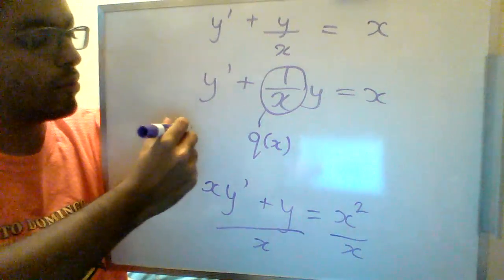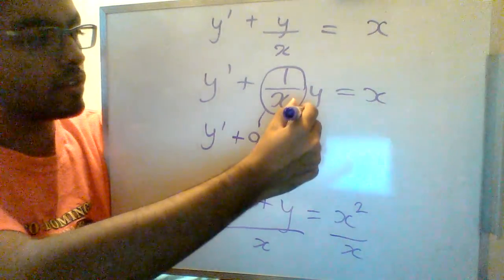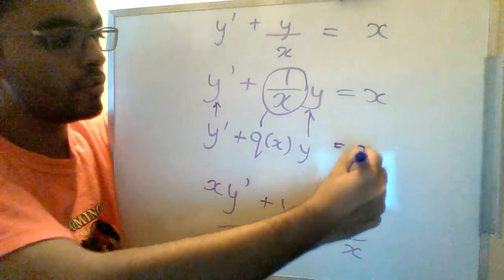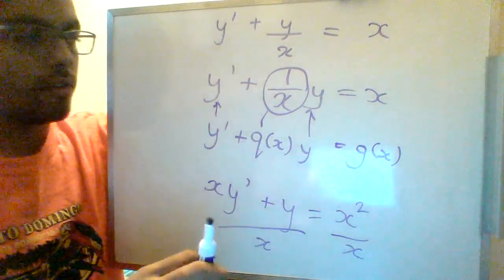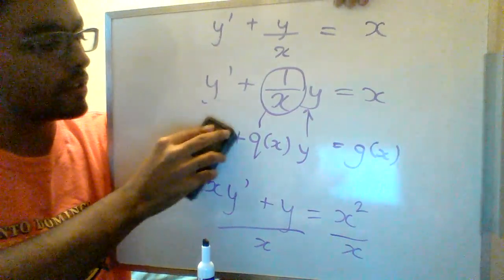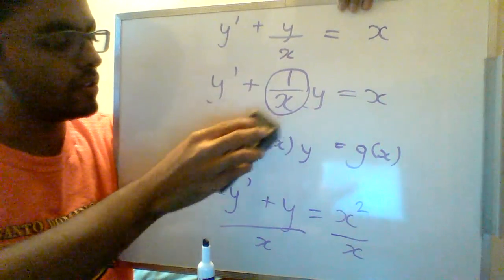So now we have this in the form we need it to be, right? This is y prime plus q of x times y. That's this y right here, and this y prime right here is equal to little g of x, right? So based on that, we can actually state what each of those things is.